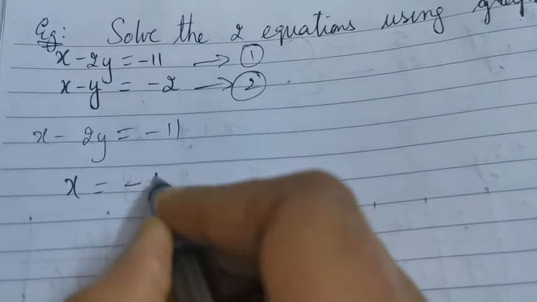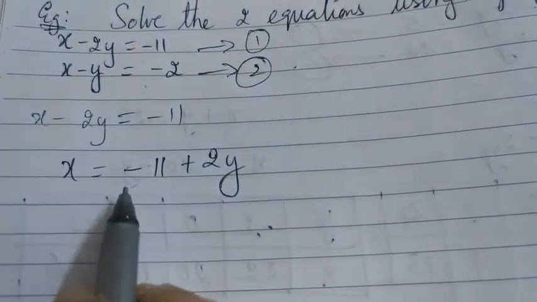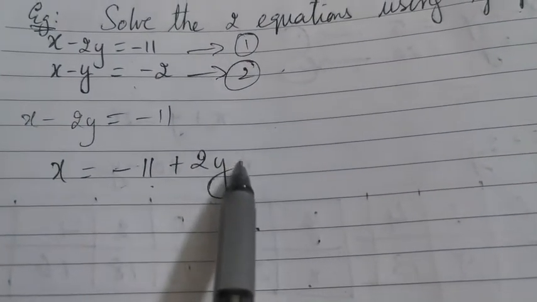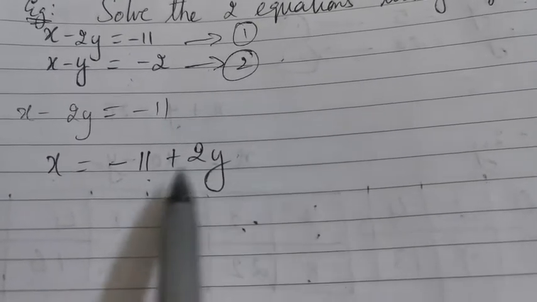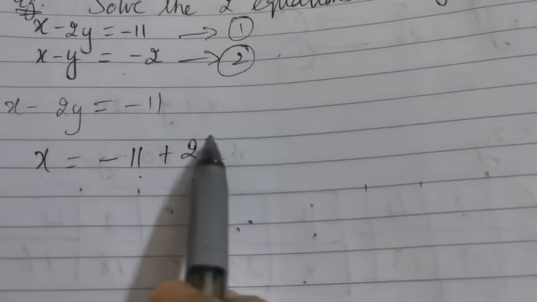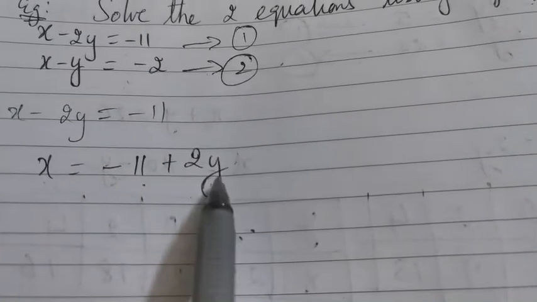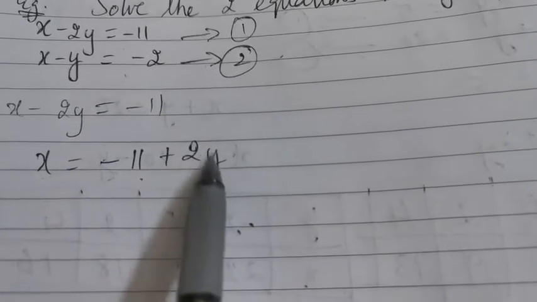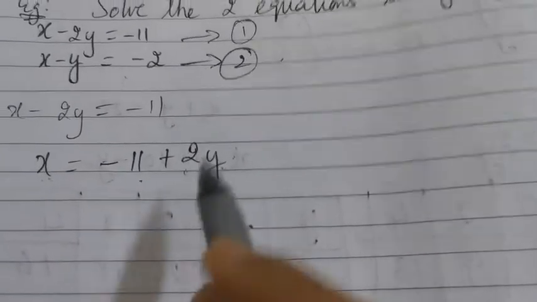X is equal to minus 11 plus 2y. So the value of x is minus 11 plus 2y. Now we don't know the value of x or the value of y. So we have to form a table by assuming values for y. We will give our values for y and we will find the value of x by substituting the value of y in this particular equation. So the value of x is dependent on the value of y.